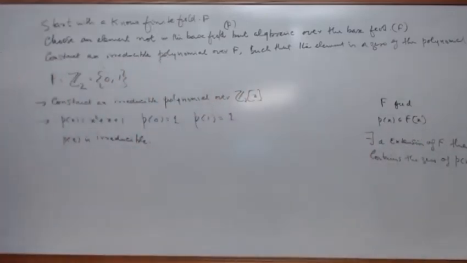Right? So definitely there is an extension here. This is irreducible, so the zeros are not inside this. Zeros are outside Z2. But there is a field outside Z2. There is an element outside Z2 that can be a 0 of this polynomial. We don't know what that element is.